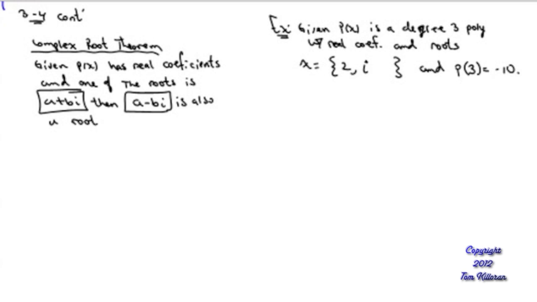This last little piece, this p of 3 is equal to -10, I'll explain in a second. It requires a little bit of explanation as we get near the end.